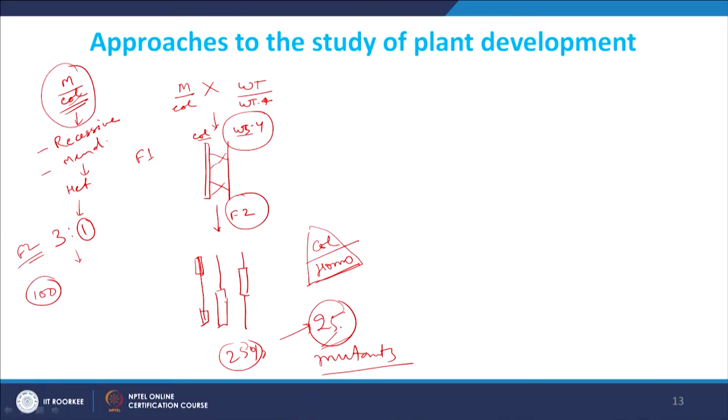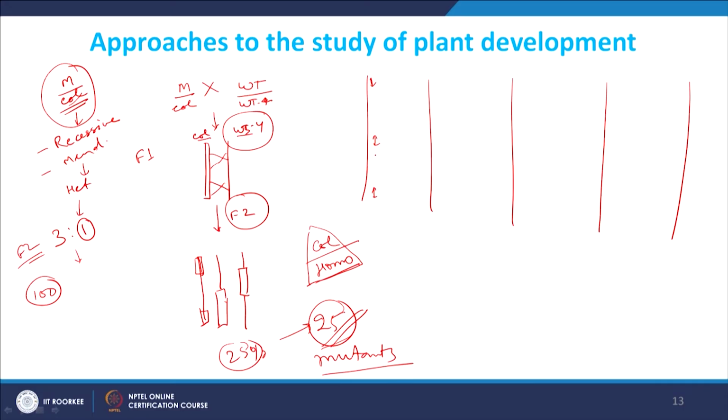Now, if you take all these 25 mutant plants with the mutant phenotype and check for their different chromosomes, let us assume there are 5 chromosomes typically in Arabidopsis, and I measure a marker here, a marker here, a marker here. I use PCR based molecular markers for different regions, and let us assume that my site of mutation is somewhere here.